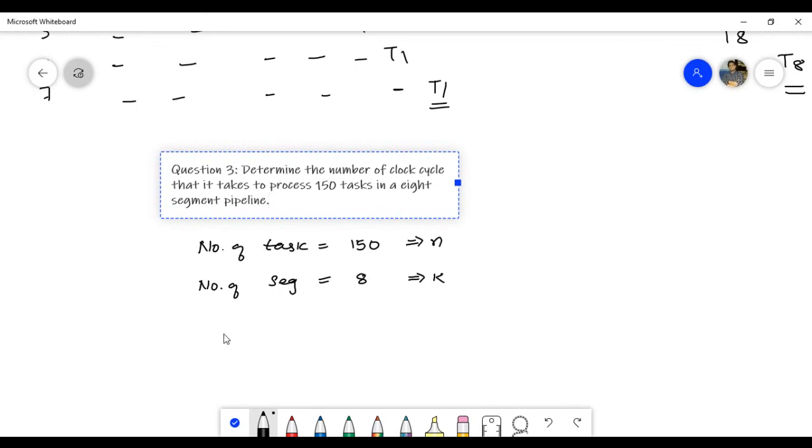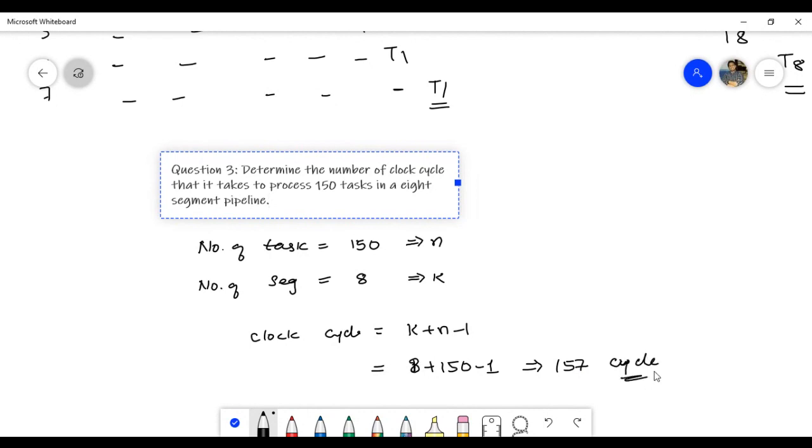So you have to find the clock cycles. Clock cycles equals k plus n minus 1. So here k is 8 plus 150 minus 1, which becomes 157 cycles.